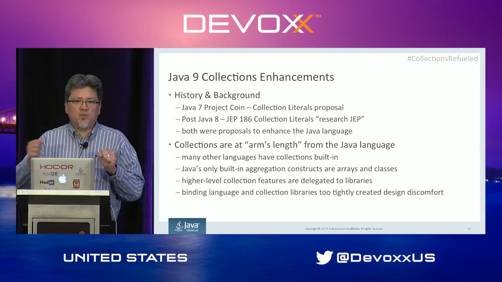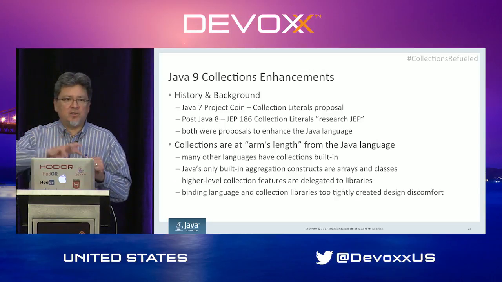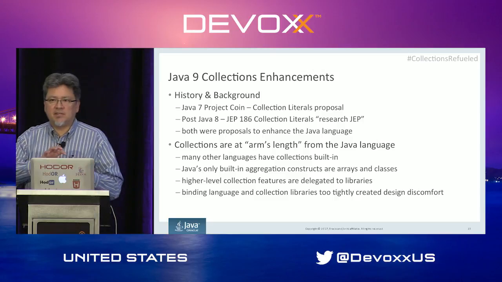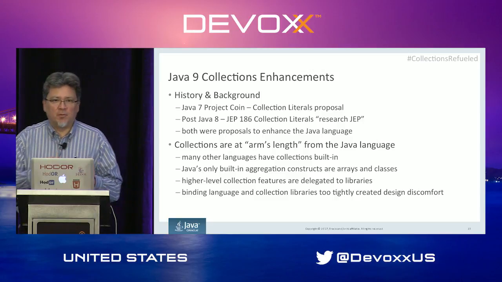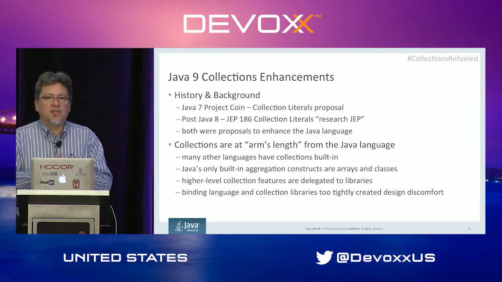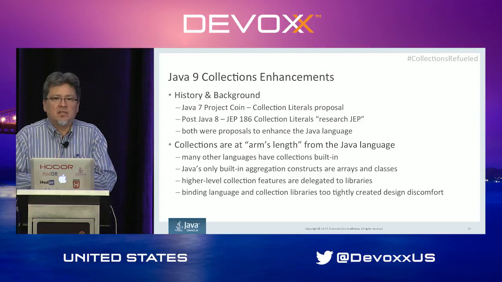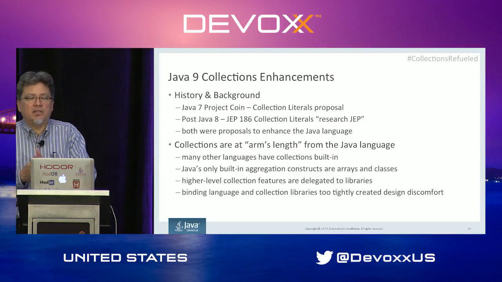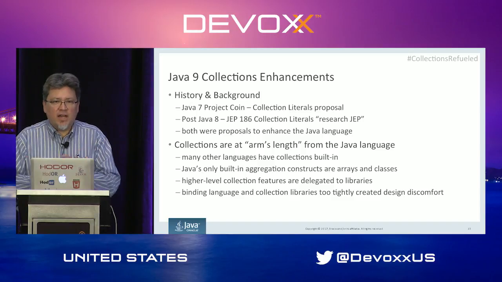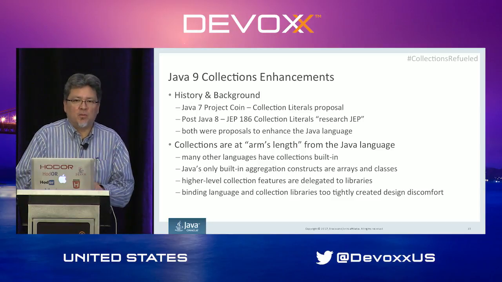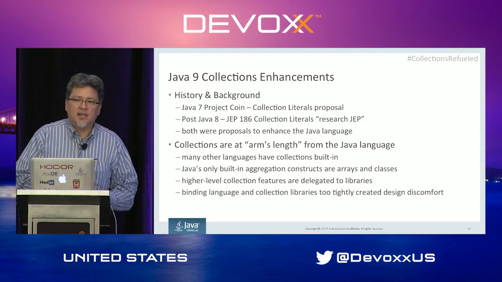And so if you mix the idea of collections too closely into the programming language itself, then things get to be very uncomfortable. Suppose we have a programming language syntax that creates a list. Okay, well, what list should that be? Should that be an array list? Well, array list is fine for many things, but suppose I wanted it to be mutable. Suppose I wanted it to be sparse, or suppose I wanted it to be something else.